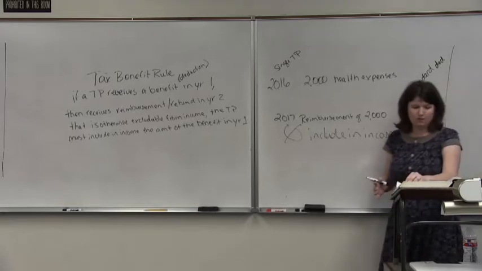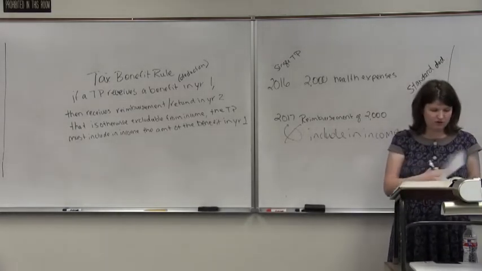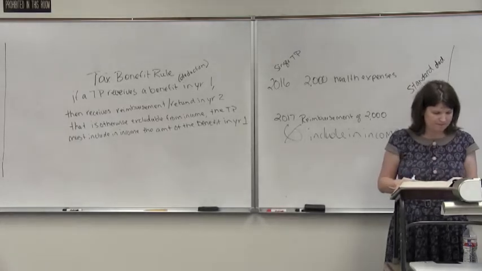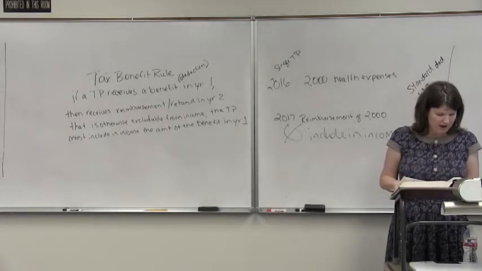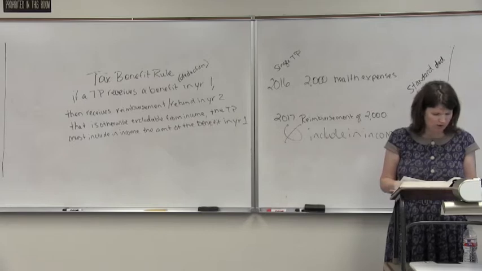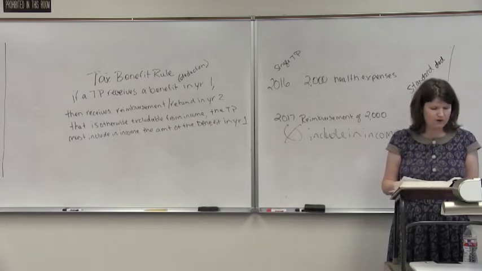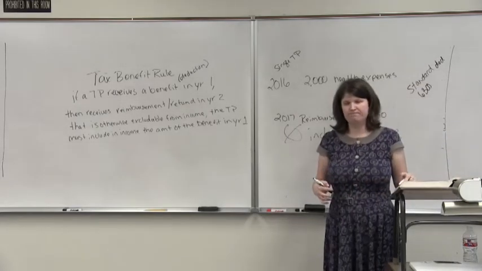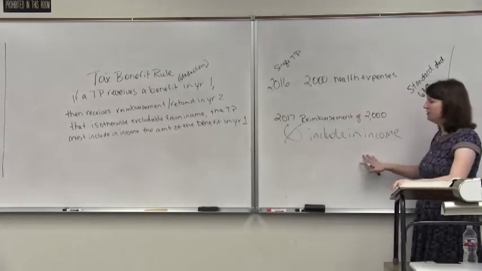The example in the book, which I definitely encourage you to look at, is at the end of the chapter, on page 526, example 34. This example is on a state income tax refund, okay, which works exactly the same.